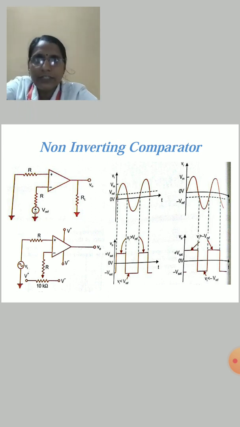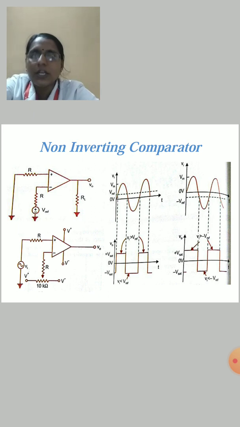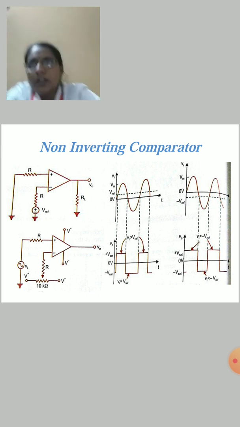In the non-inverting comparator, if Vin is greater than V reference, the output is plus V saturation, almost equal to plus VCC. If Vin is less than V reference, the output voltage is minus V saturation, almost equal to minus VEE. When Vin is positive, then V0 is equal to plus V saturation.